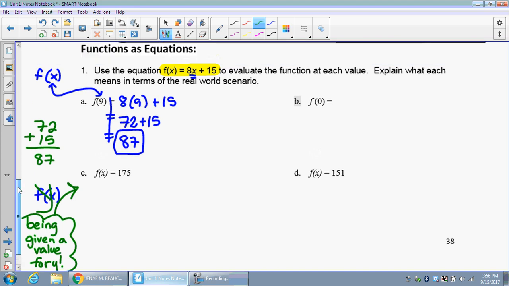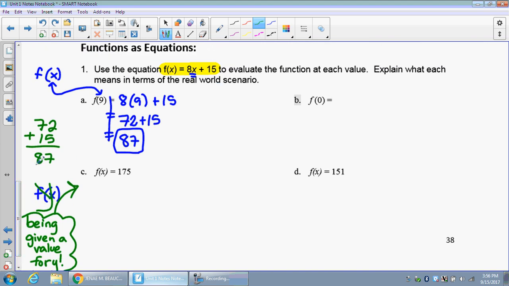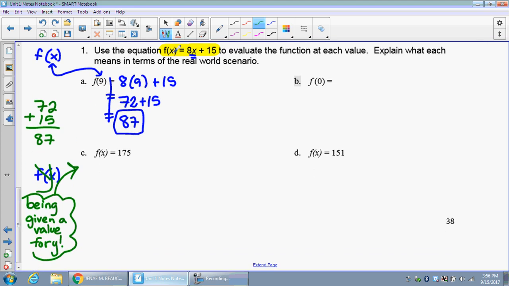Which means when I go look at my original equation right here, this entire f of x piece becomes 175 equals 8x plus 15. And now I'm actually going to solve for x.